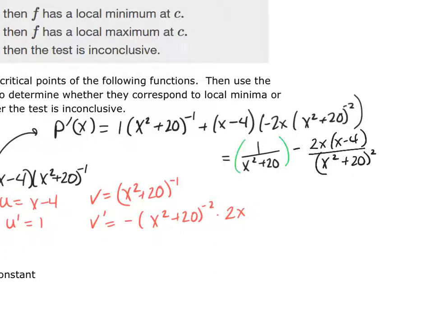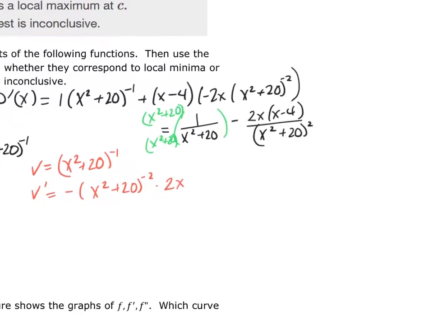This side here, I'm going to multiply numerator and denominator by x squared plus 20, just to have the same common denominator. And again, the only reason I'm doing that is so I can clean this up algebraically, because otherwise it could be pretty gnarly looking.